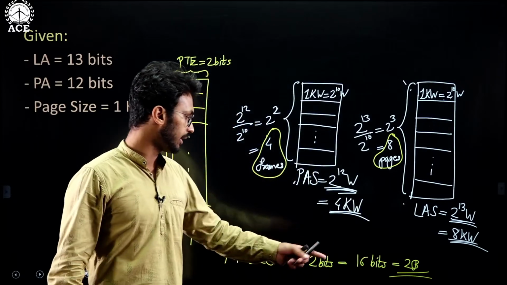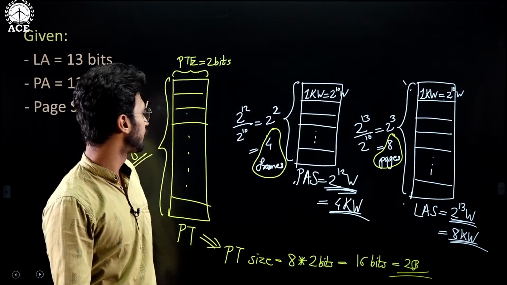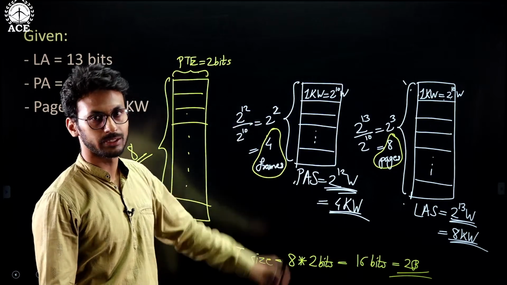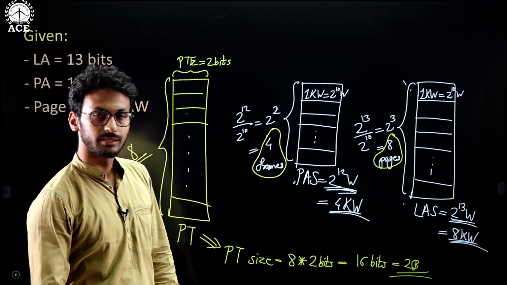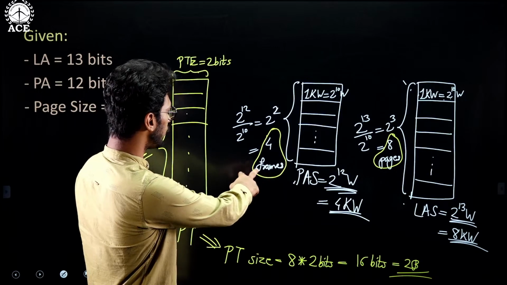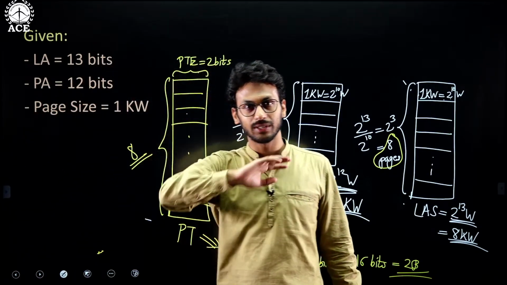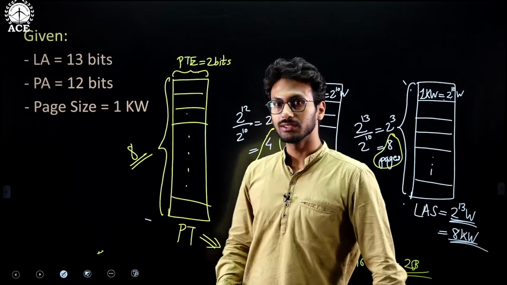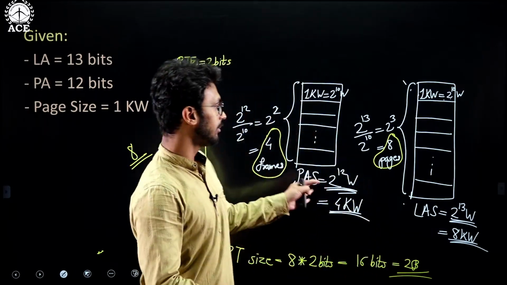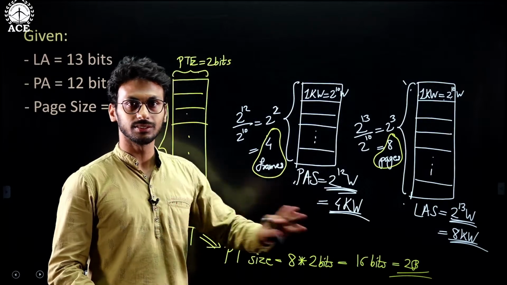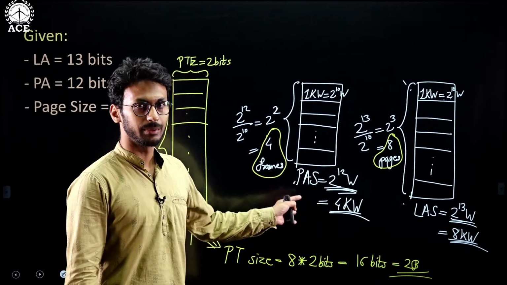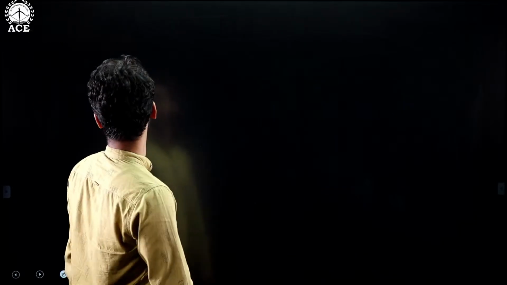Just multiply 8 by 2 bits: number of entries in page table into page table entry size. Done. That's it. So many things you got. 1, 2, 3, 4, 5, 6, 7. From these 3 points, you got 7 different things. That is why I feel that diagrammatic representation is essential. With this diagrammatic representation, you can learn faster, isn't it? Next point.